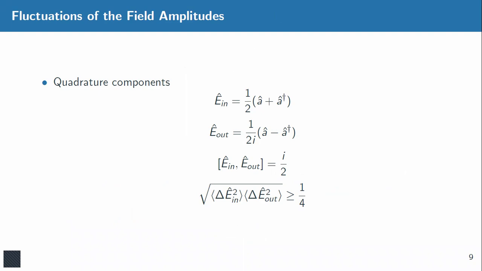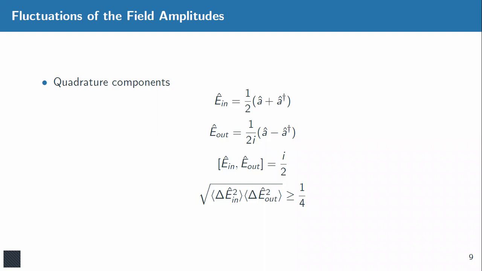So let's move on to the field operators. We know that we could describe the field operators in terms of the annihilation and creation operators, and we could construct in-phase and out-of-phase operators that are physical observables, as we could measure them directly from the experiment.